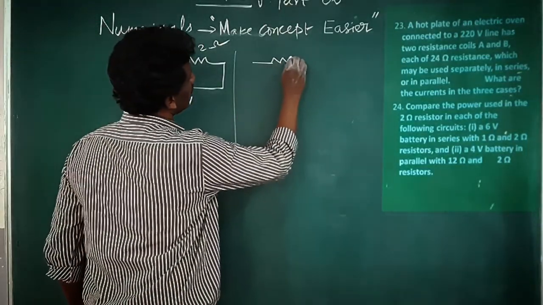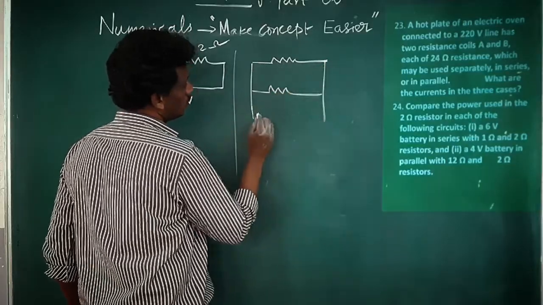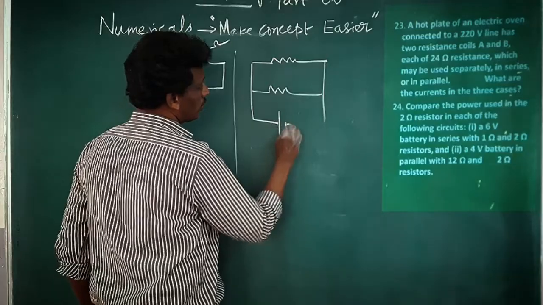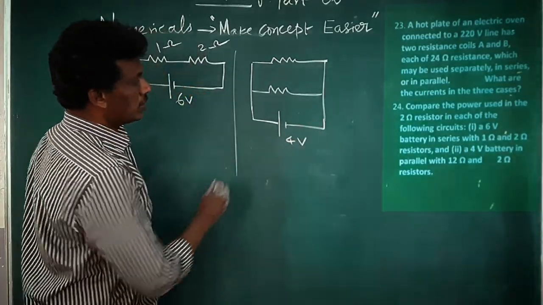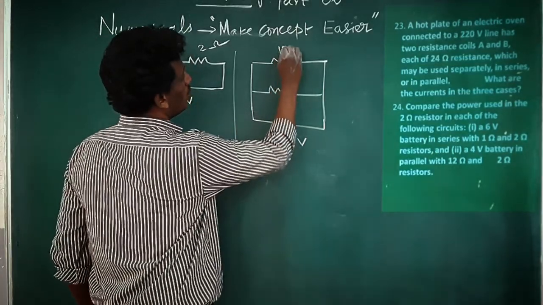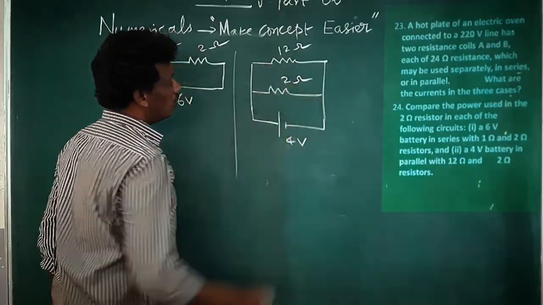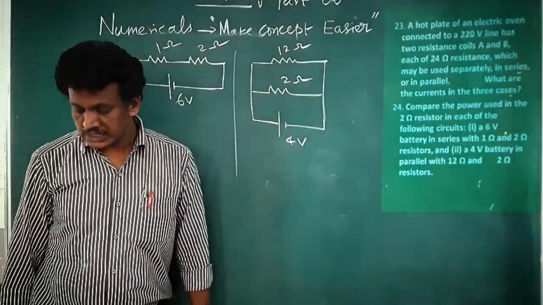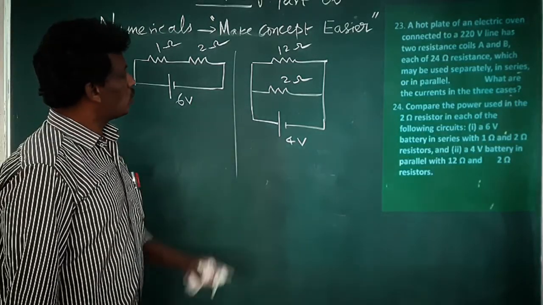You see, one resistor, another resistor, and then potential difference. Potential difference how much? 4 volt. What are the resistances? 12 ohm, another one 2 ohm. Look at the circuit. What is asked? Power. You have to find out the power in circuit 1 and circuit 2.